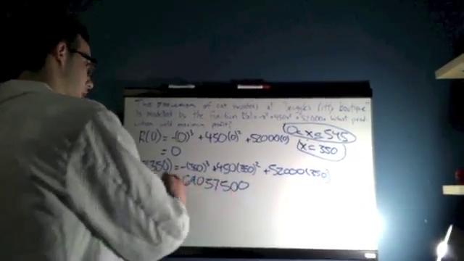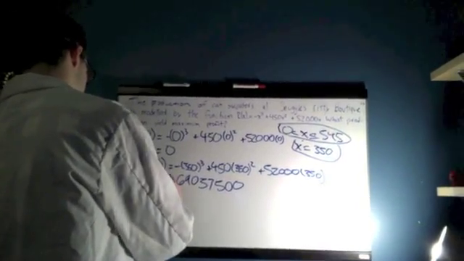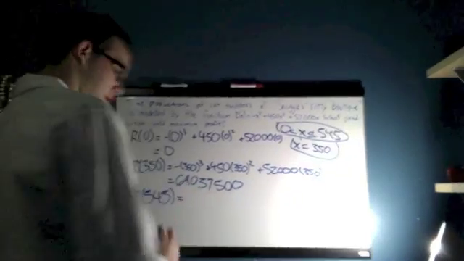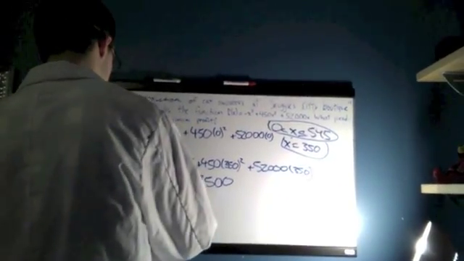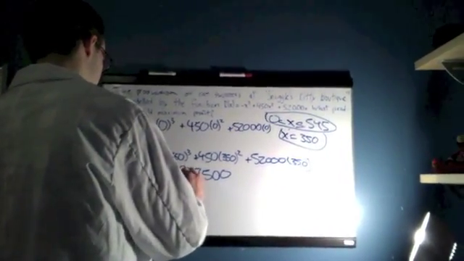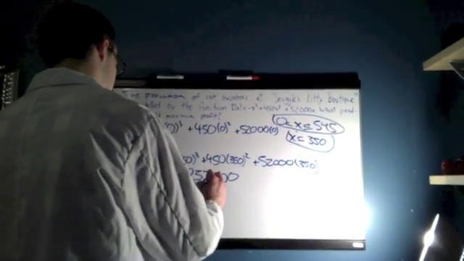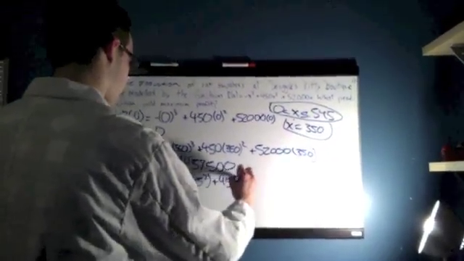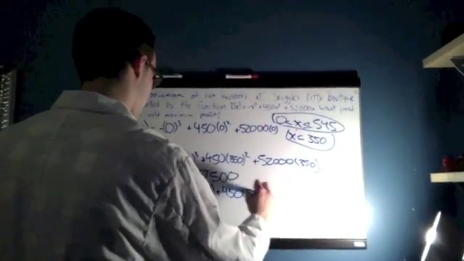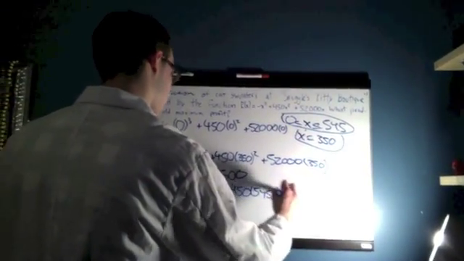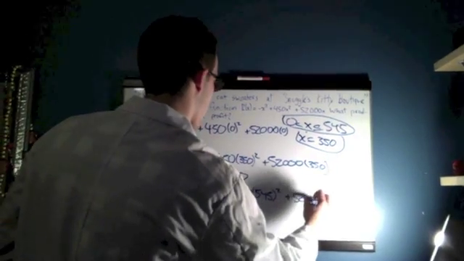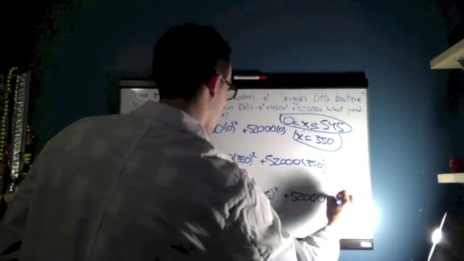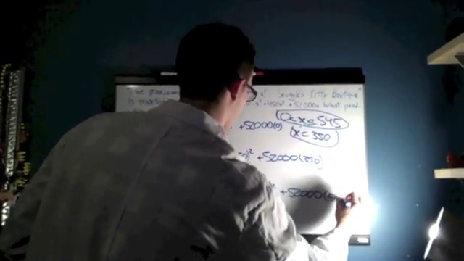So let's see what r at 545 is. So that's going to be negative 545 cubed plus 450 times 545 squared plus 52,000 times 545.